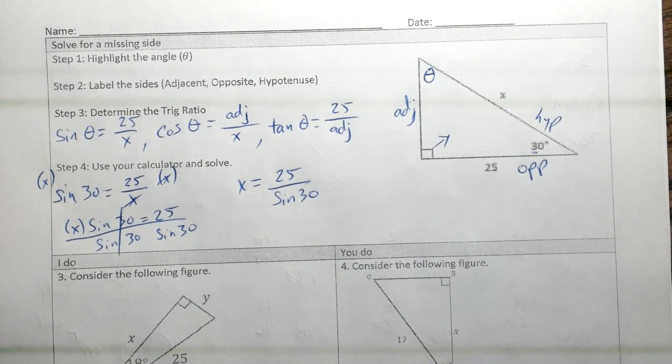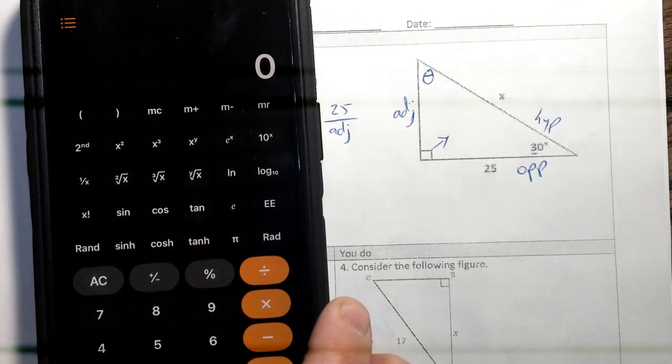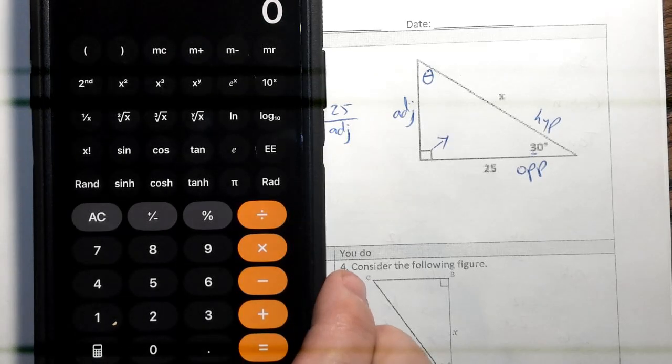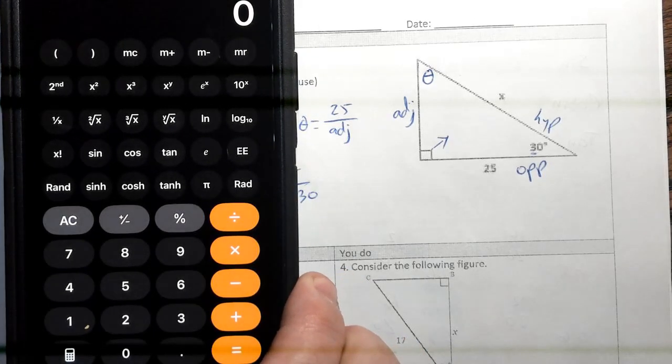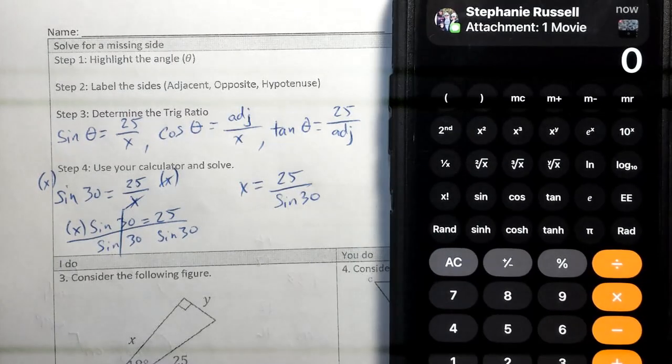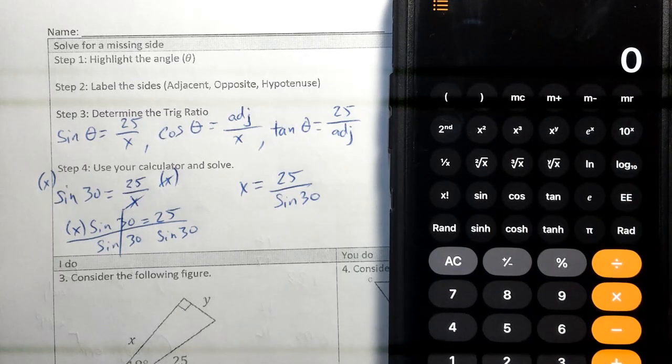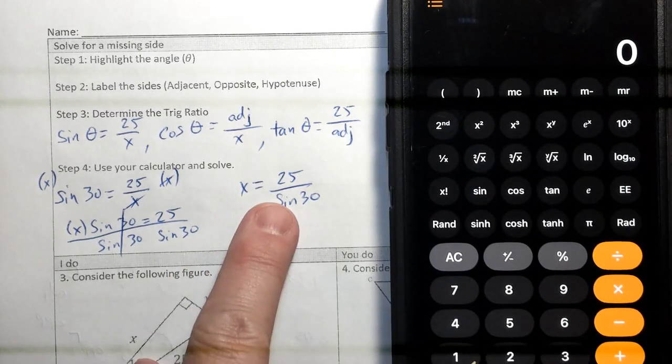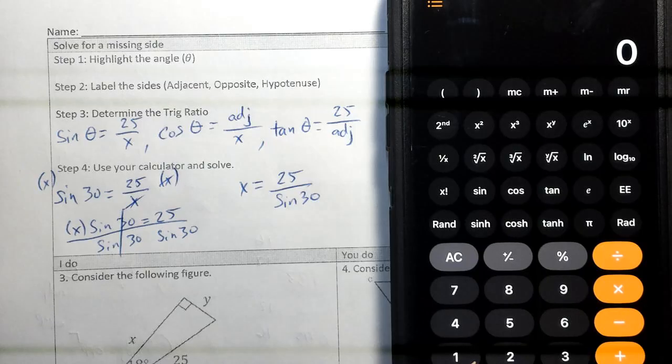Okay, so I don't have one of the classroom calculators with me, so I'm going to try to do my phone. So, well, I'm covering it up. All right, so x equals 25 divided by sine 30. It's going to work the same on the other calculator.